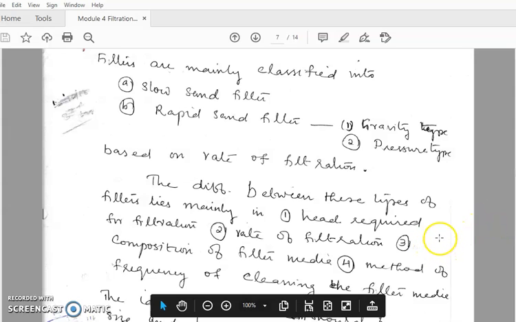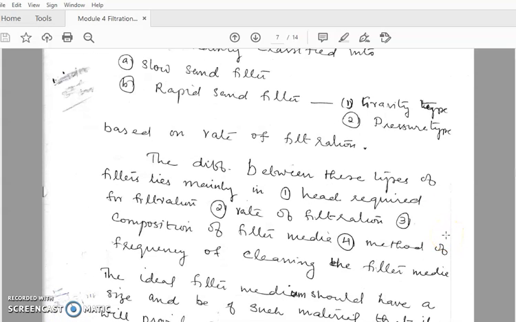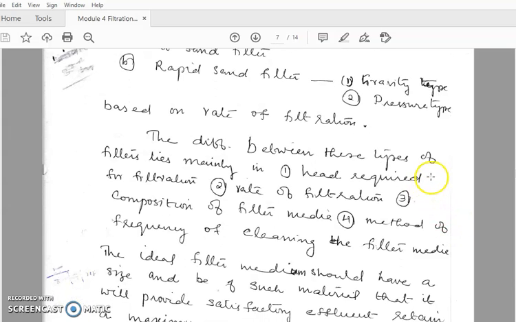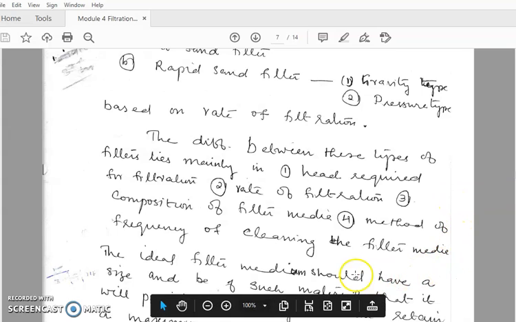Second one is the rate of filtration. And third one is the composition of filter media. And fourth one is the method of cleaning or the frequency of cleaning of the filter media. Now these 4 parameters are the design criteria for the filtration or filter beds.